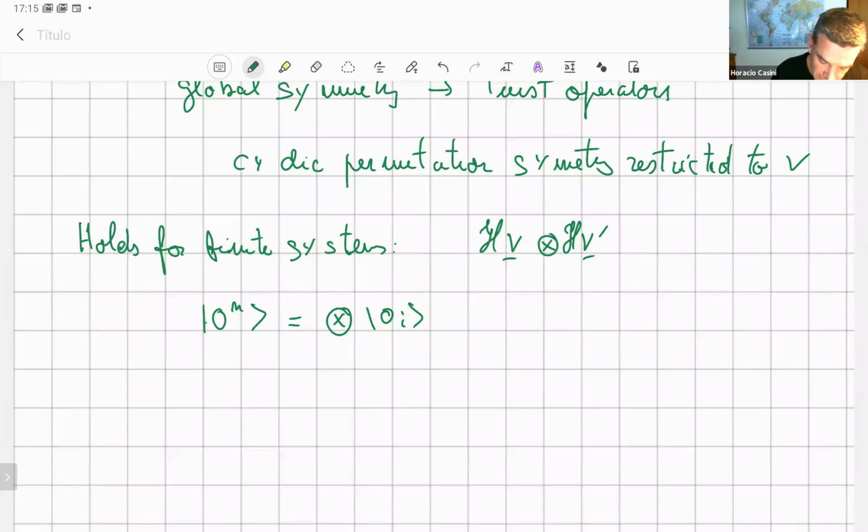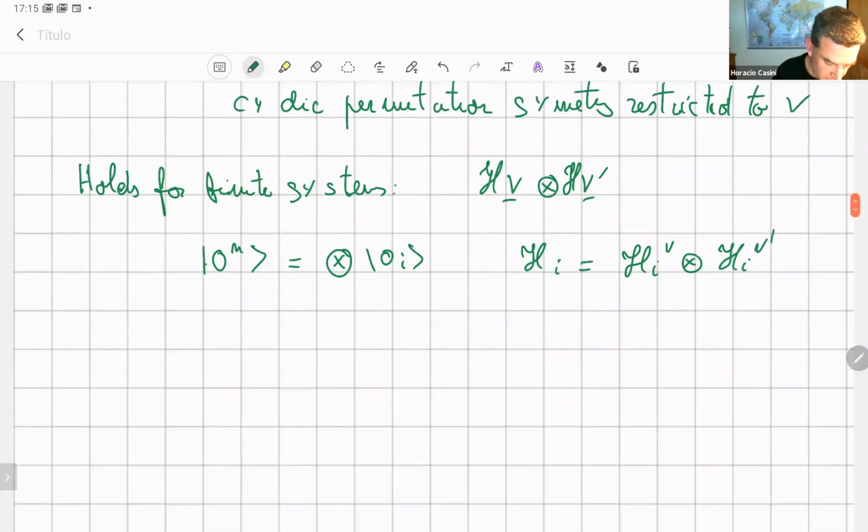And then you have a Hilbert space for each of the copies, which is a tensor product too. And then you can choose a particular basis for the Hilbert spaces for this tensor product.